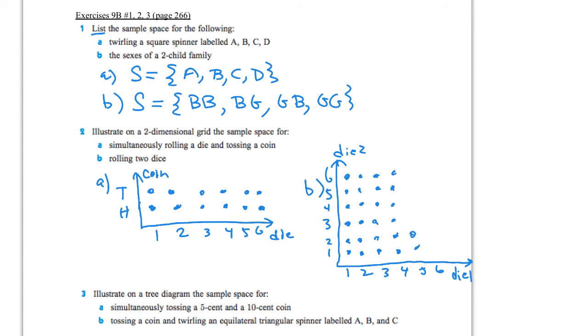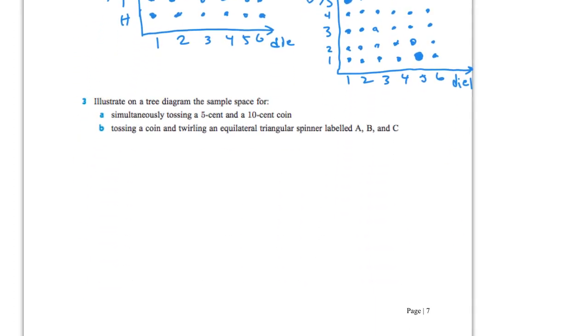Again, notice that when I make a dot at the 5, 1, it's different than this dot over here at 1, 5. These are different outcomes. I realize they would both have a sum of 6, but that's not relevant. They are different outcomes.